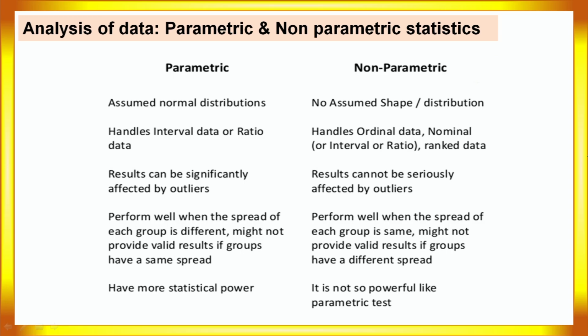Also, parametric tools have more statistical power to detect actual differences than non-parametric tools. Like in the social science research, sometimes we try to find the association between variables. When you are trying to find the association between variables, the Pearson product moment correlation coefficient is an example of a parametric tool, whereas the chi-square test, which looks into the goodness of fit of the association, can be an example of a non-parametric tool.